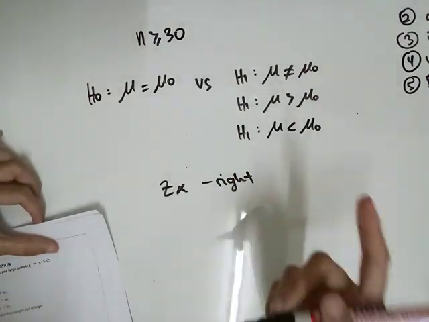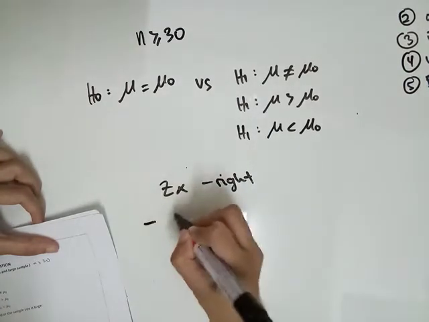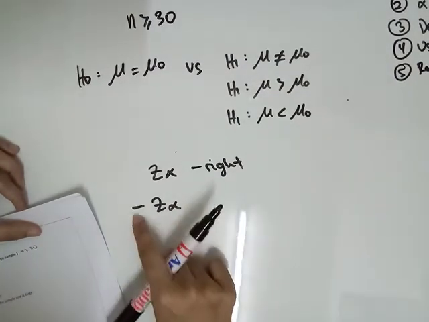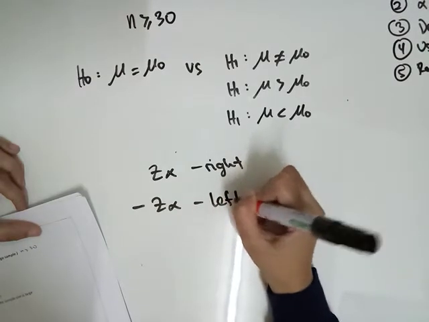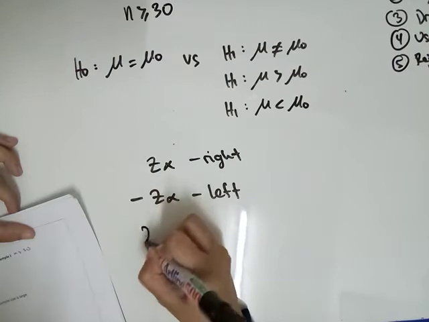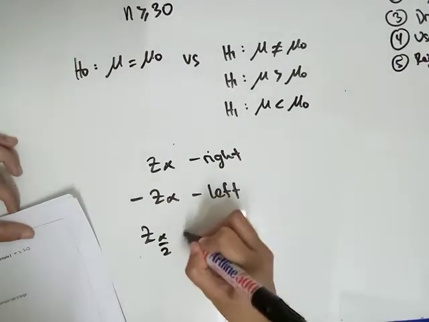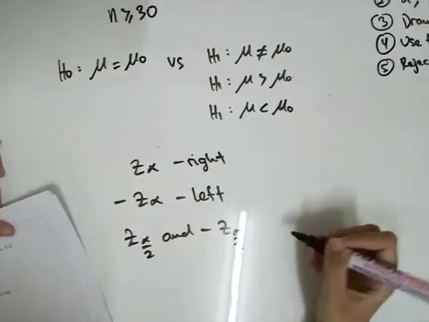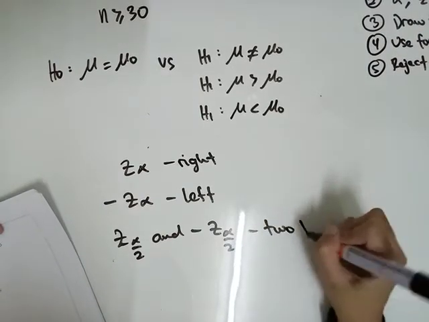When we test the left tail of the area, the critical value is negative Z alpha; you have to put the negative. And for two tail, it is positive Z alpha over 2 and negative Z alpha over 2.